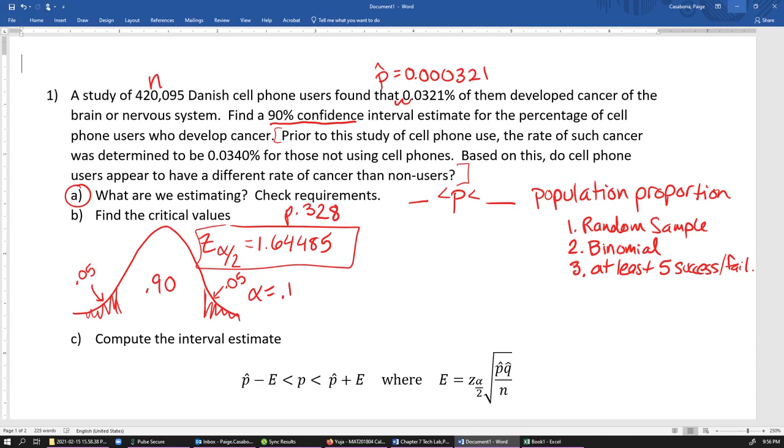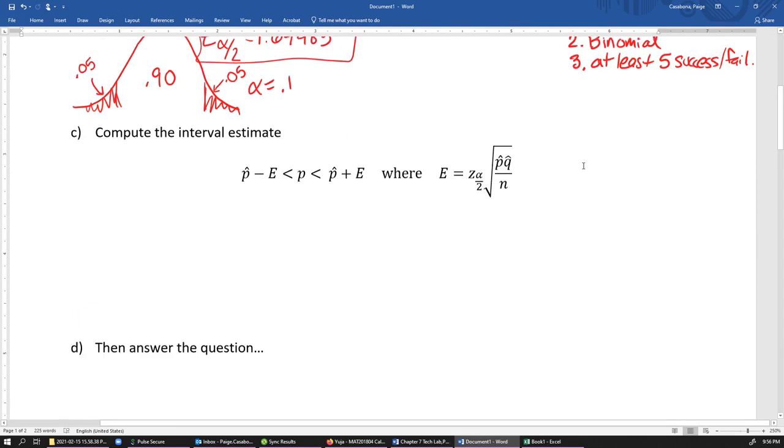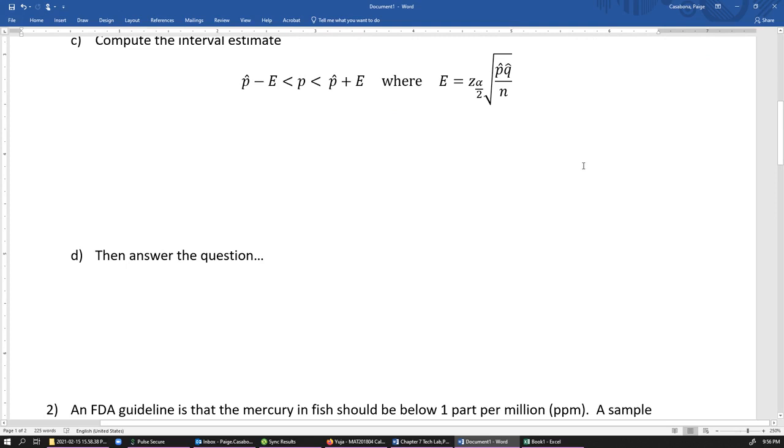Once you have the critical value, you can go through to the formula for computing the interval estimate, and I've got that pasted in my notes here. This is an interval estimating the p-value, the population proportion, and this is going to be computed by taking p hat, or the proportion in the sample, and both adding and subtracting our margin of error.